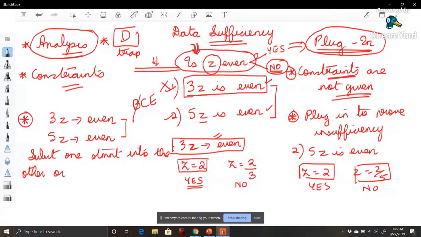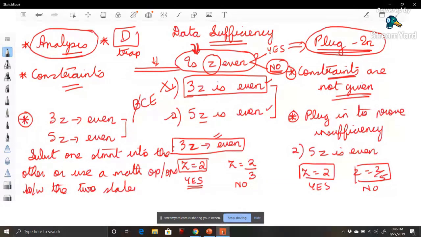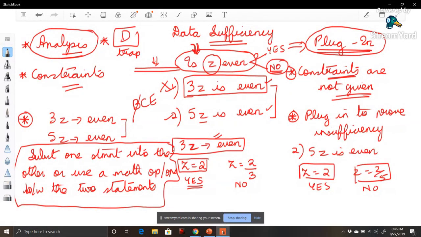Or you can use multiple mathematical operations between the two statements, which lead to answering the main question. Very, very important strategy of data sufficiency. Always make sure you substitute one statement into the other or use a mathematical operation or a combination of mathematical operations that leads to answering what the question asks you.